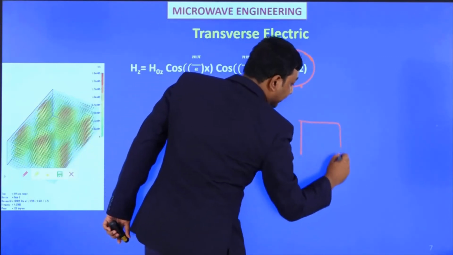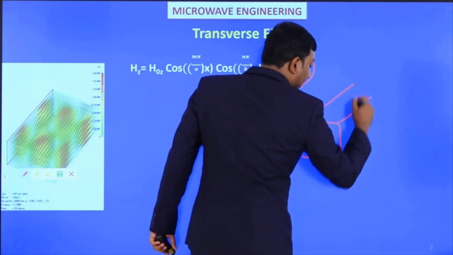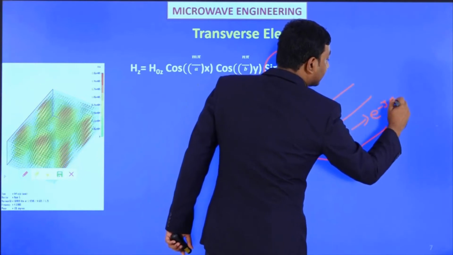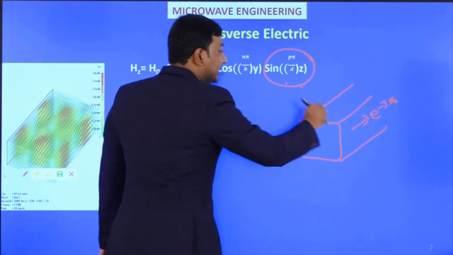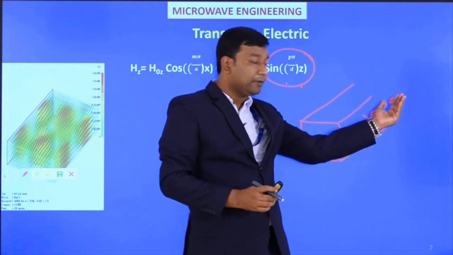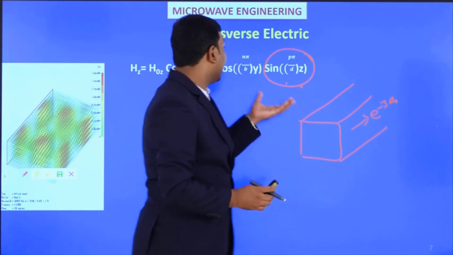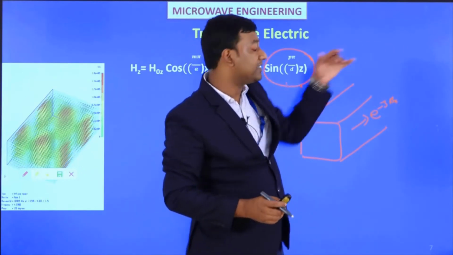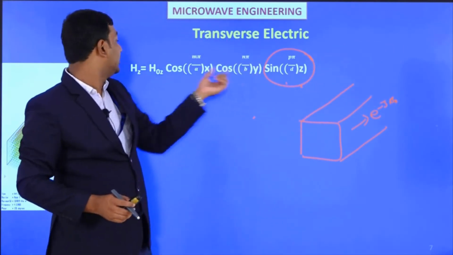There we considered the length to be infinite, and the traveling wave e to the power minus j beta z. But now it is like a standing wave pattern. The incident wave is there, then it is reflected back, and if we put in the boundaries for the electric field, then we will reach this particular solution.